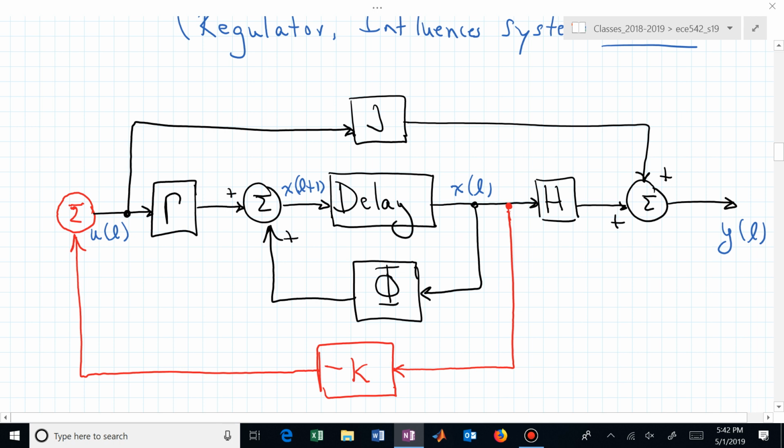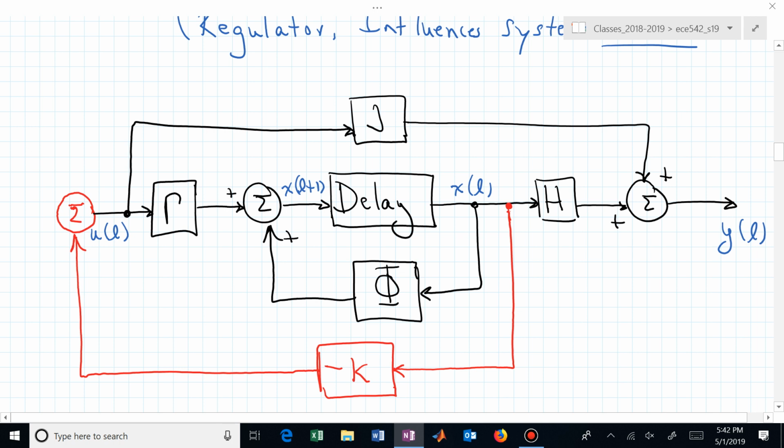And if somebody said, how's this system going to behave in the open loop if that red piece wasn't there, you could say, oh, I can tell you by looking at the modes, which are the eigenvalues of the system matrix phi. We may not be happy with those modes. And that's why we introduce this K, this full state feedback gain matrix. We're assuming we can go in and access the full state vector X. We're not picking off Y, the output.